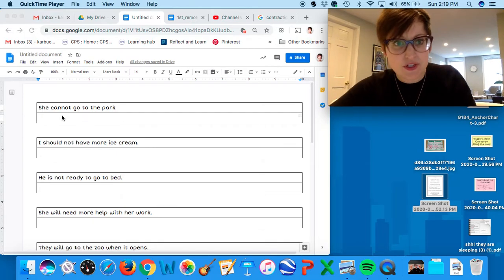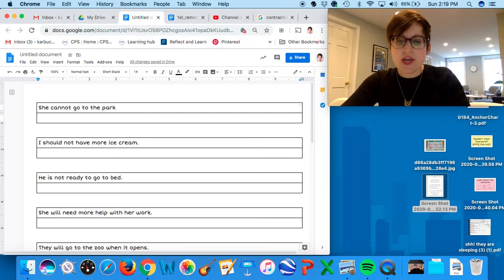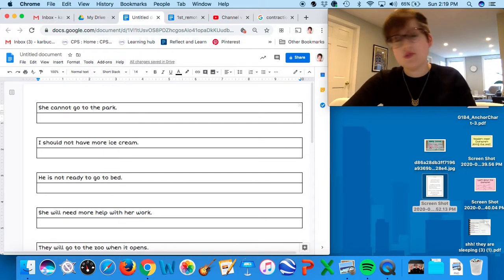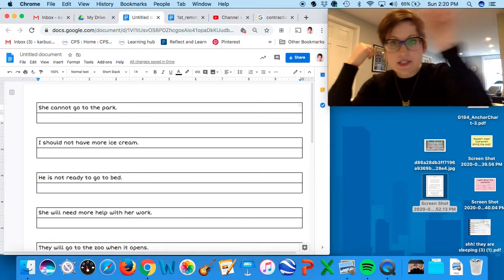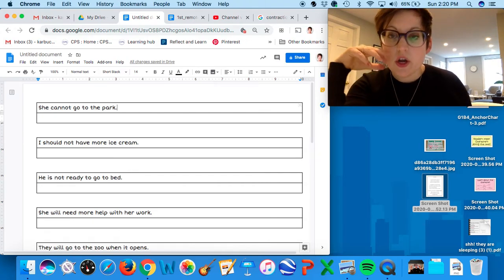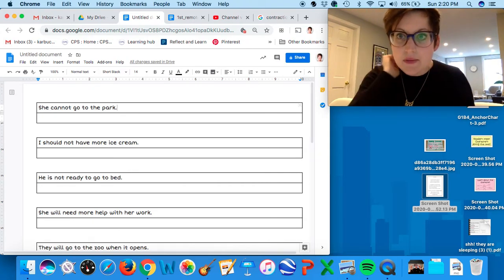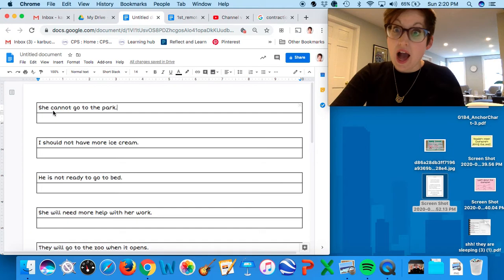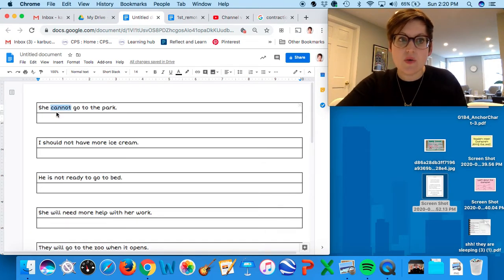Now let's take a look at our first sentence. So take a look at that and read it to yourself. And it says, she cannot go to the park. Now, in that sentence, think about what word could be shortened and made into a contraction. I see one already. I see the word cannot could be shortened into the word can't.